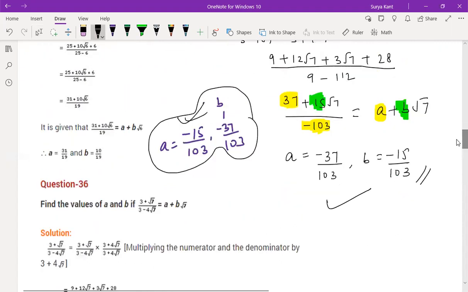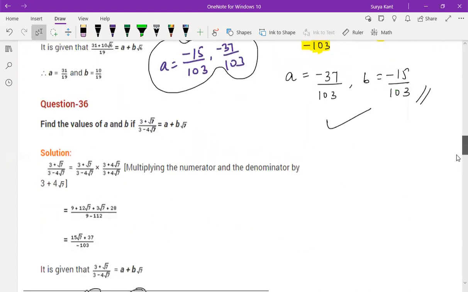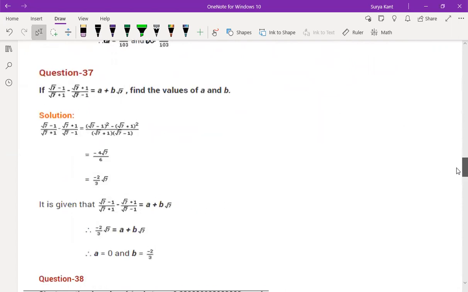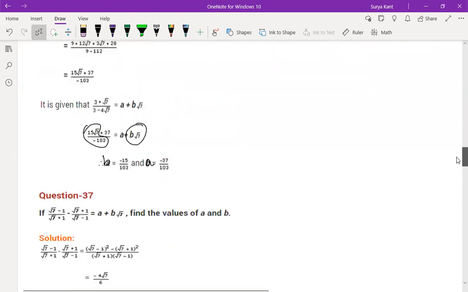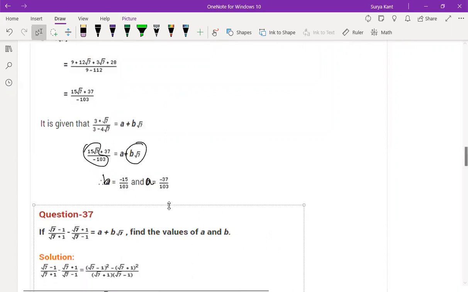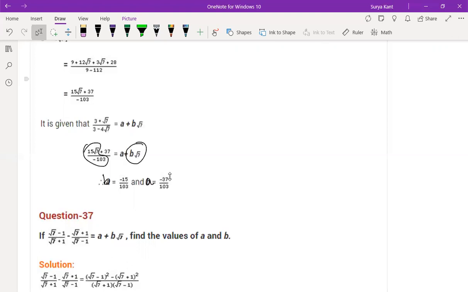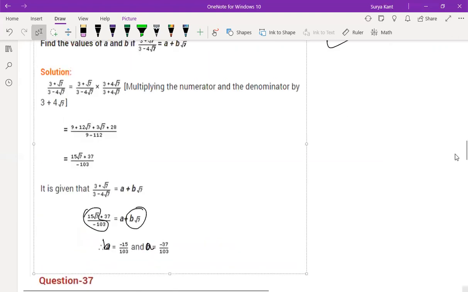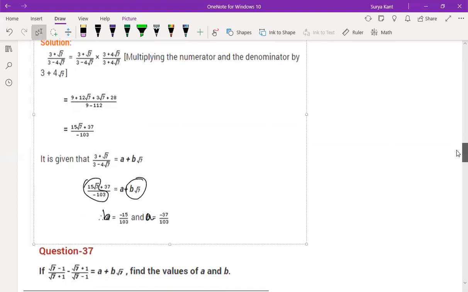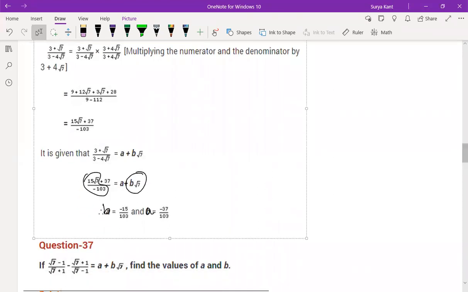Fine, no mistake anywhere. Next is question number 37. Here there are two rational numbers: root 7 minus 1 divided by root 7 plus 1, minus root 7 plus 1 divided by root 7 minus 1, is equal to a plus b root 7. Find the value of a and b.